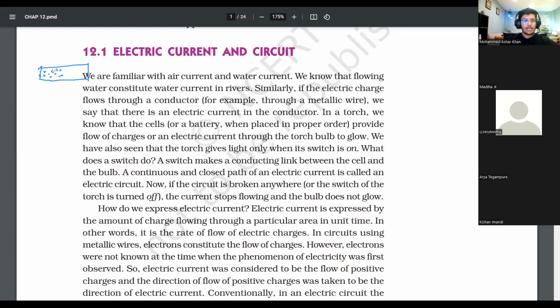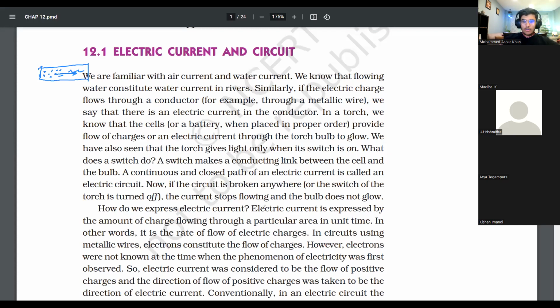Bound means they're not attracted to these atoms, and they can roam freely. So when electricity passes, these electrons conduct electricity. Since they're able to move, they move along the line of electricity, and that is how electricity is conducted.